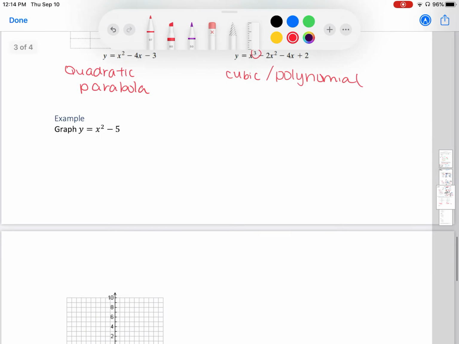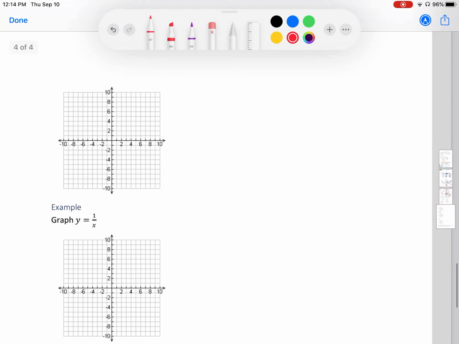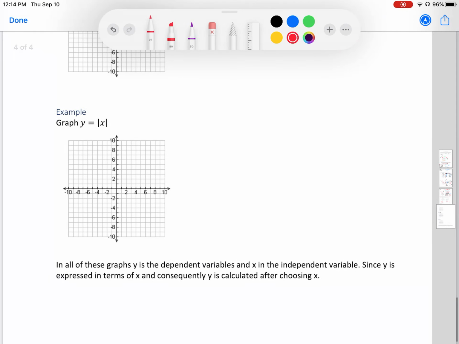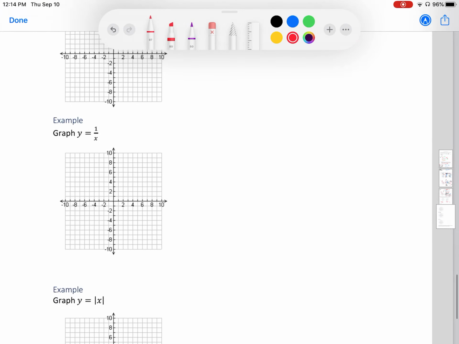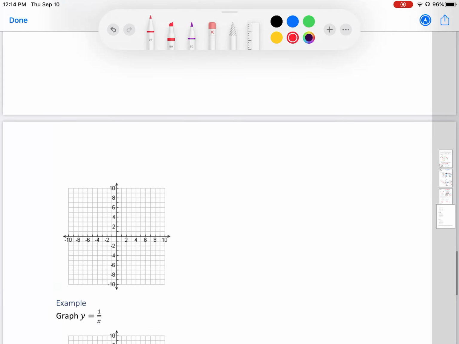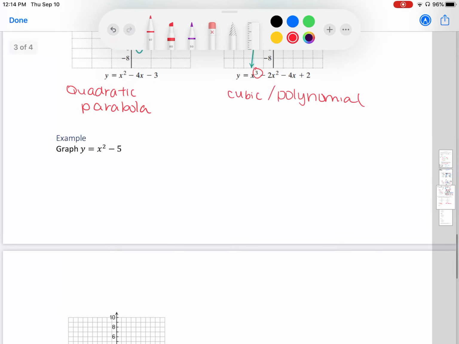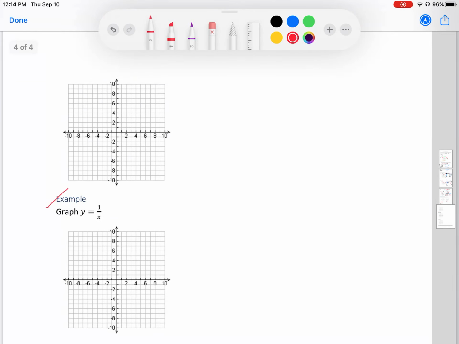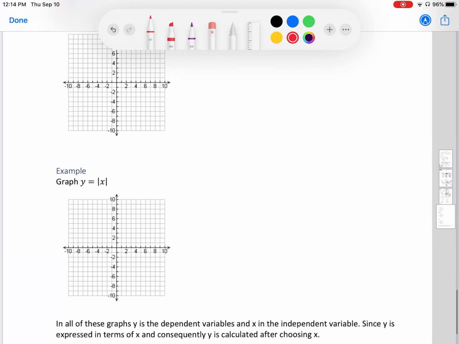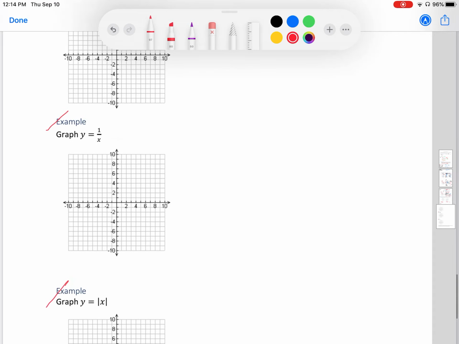So we have these graphs for us to try. But actually, I'm going to skip them for now. I think if we go through them, it'll be more confusing than helpful. We'll talk more about these graphs in future chapters. Maybe you won't talk about rational equations or rational functions until your college algebra class.